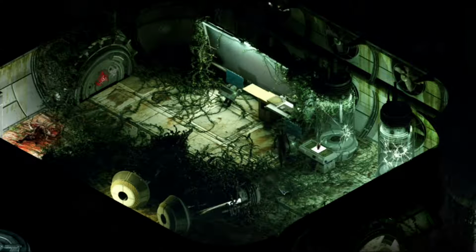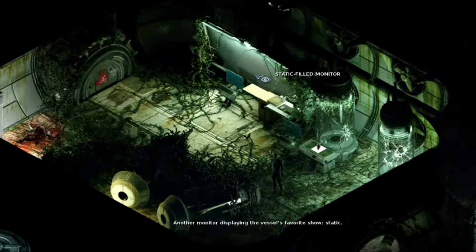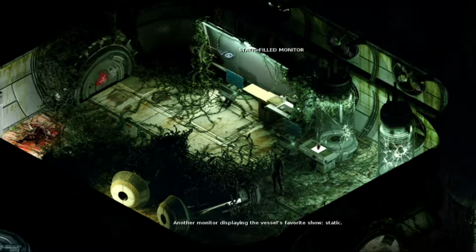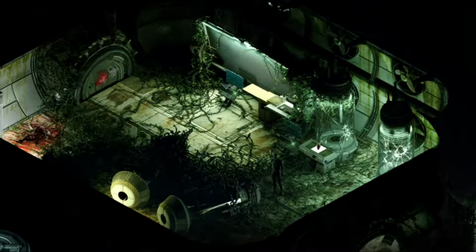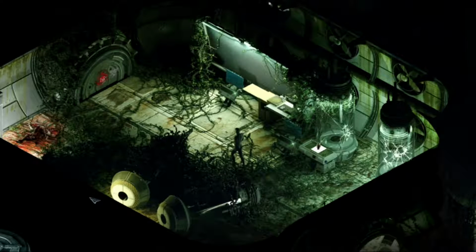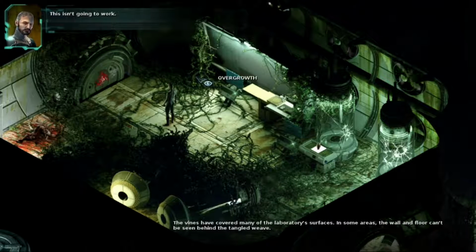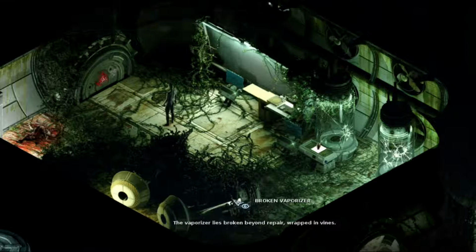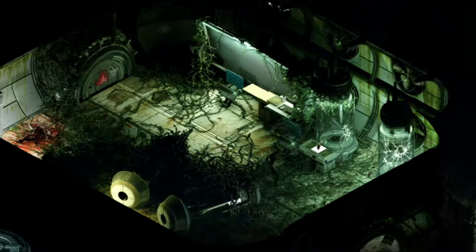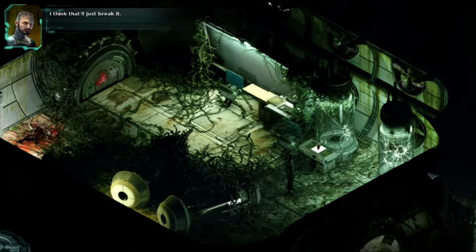Something in the desk. Let me go here. What if we use the metal plate in the overgrowth? This isn't going to work. No? Use the pistol. I think that'll just break it. Yeah, that was the idea.